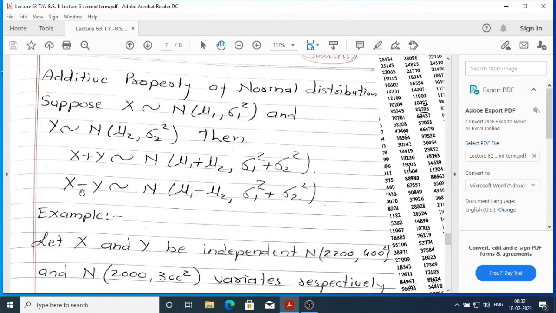See this particular concept, mean will get subtracted but variance will get added. So this is the most important concept, x minus y. See the example based on this concept.